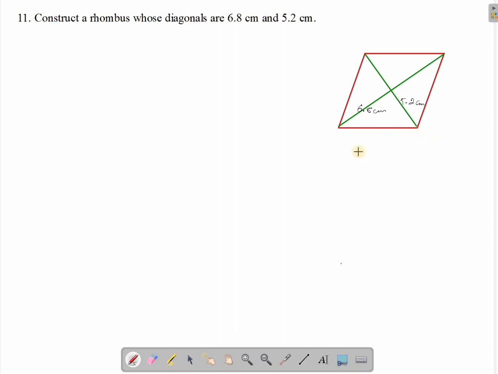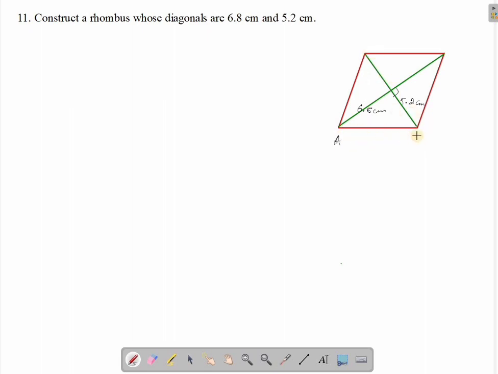Now it's like the earlier question, but the angle is not given, no? Now if you remember, the angle between the diagonals in a rhombus will always be 90 degree. So basically what you will do is you take any one diagonal.